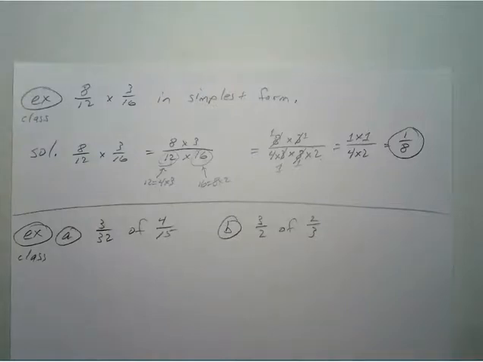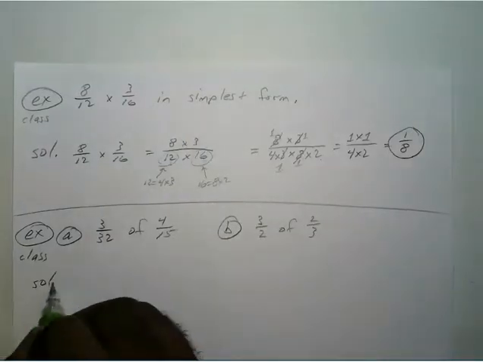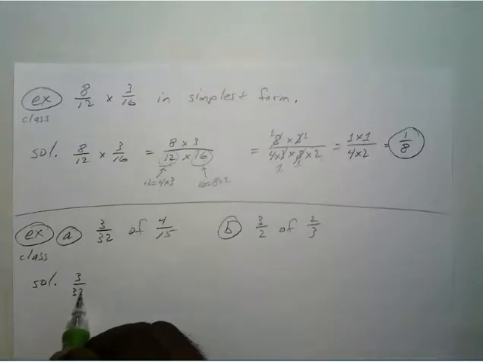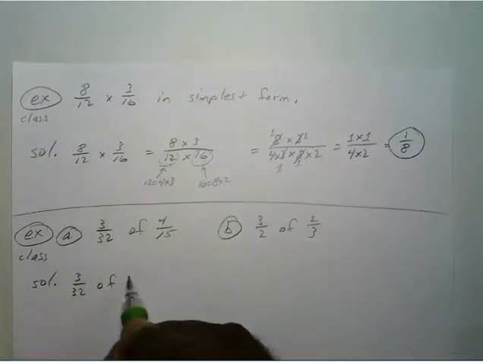Alright, so I'm assuming you've gone ahead and pressed pause and you finished writing out your answers. So let's go ahead and verify them. Okay, so 3 over 32 of 4/15.